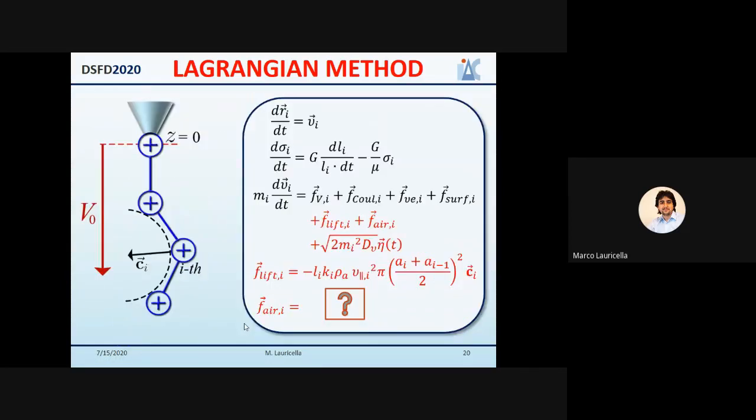So now we are in the condition to write the set of equations of motion. Each bead has a set of these equations. And similarly, I can also add further force terms. For instance, we added the lift force due to the air acting on a curved jet segment, which is this.